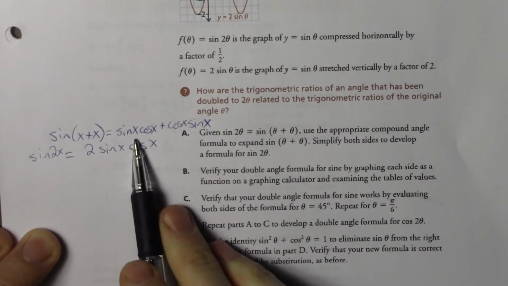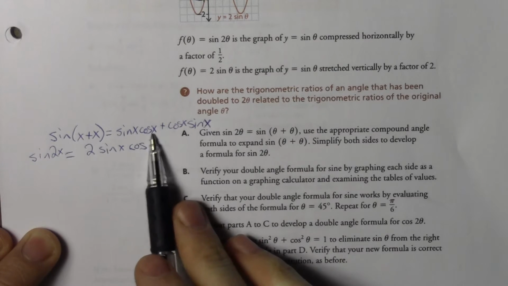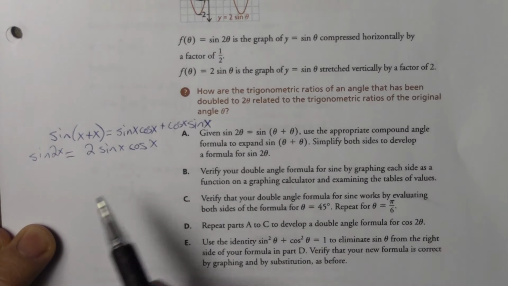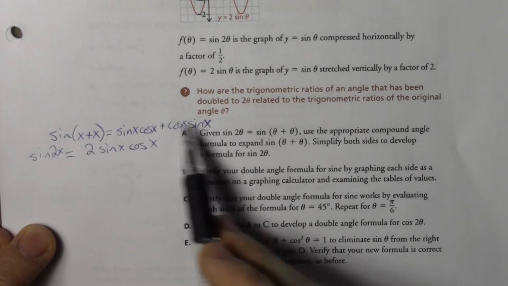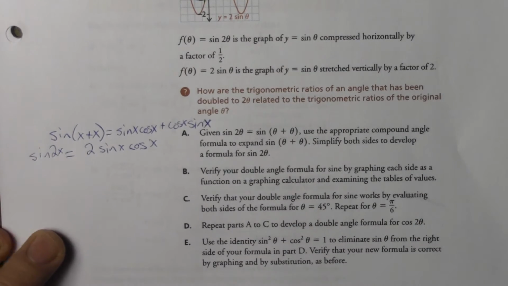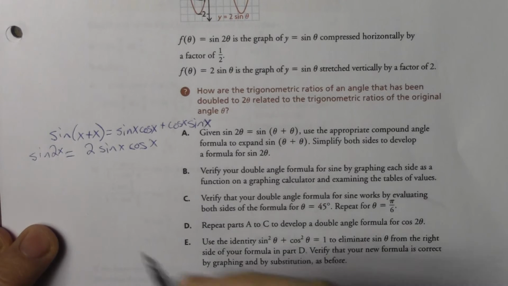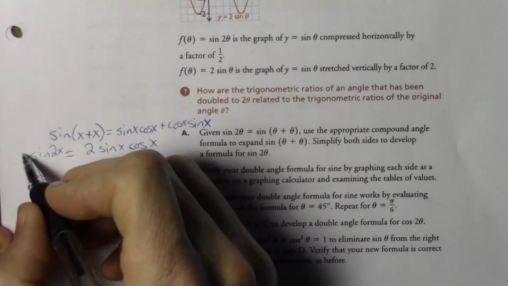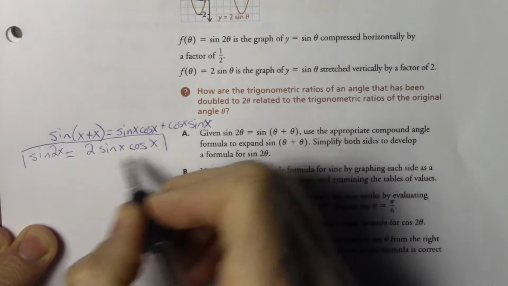Because it doesn't matter the order in which we multiply. When we multiply, we can change the order. 3 times 5, same thing as 5 times 3. So these two expressions are the same. Any questions there? All right. Next, it says simplify to develop a formula for sine 2x. So there's our formula. Done.